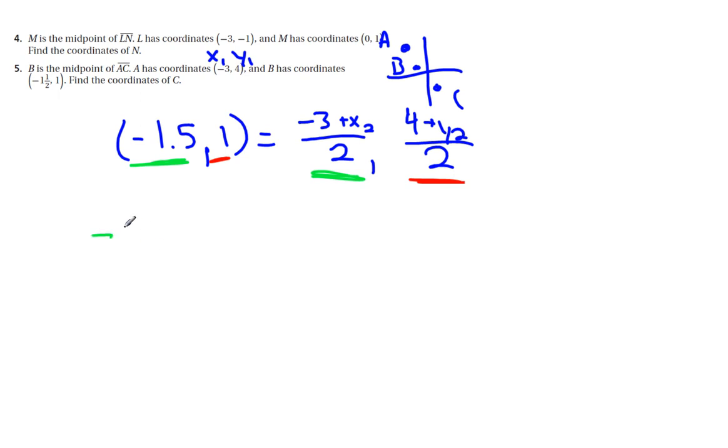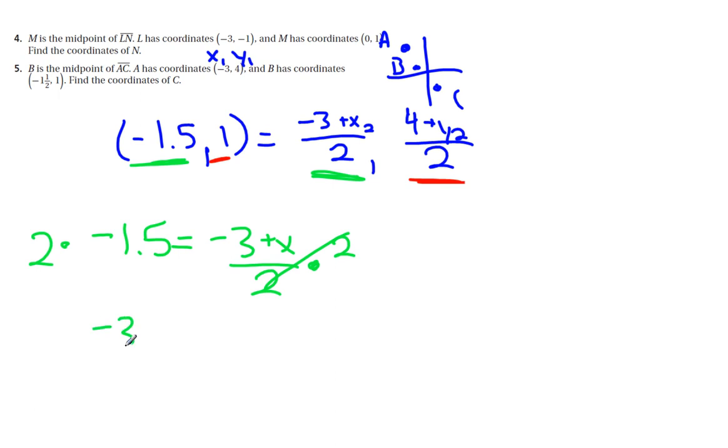Get excited. So negative 1.5 equals negative 3 plus x divided by 2. We could keep calling this x2, but there's only one x we're working with at this point, so it's extra numbers to write down. And we don't do extra work, because we're lazy in a good way. So we solve for x, so times 2 on both sides, cancels out. 2 times negative 1.5 is negative 3.